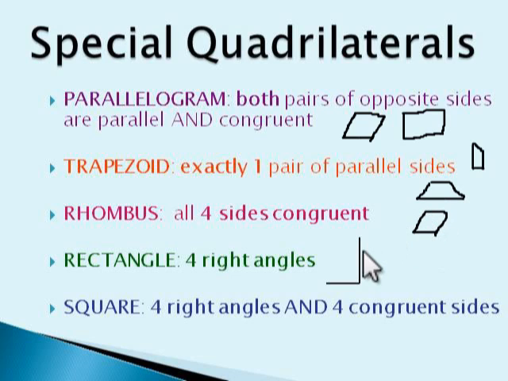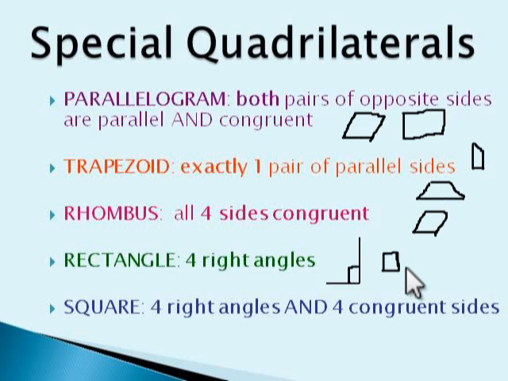Okay? With a rectangle, it has to have 4 right angles. Remember, normally we see a right angle shown as being a right angle by having that little square in the corner. So a rectangle, again, pretend I went straight there. Is that a rectangle?